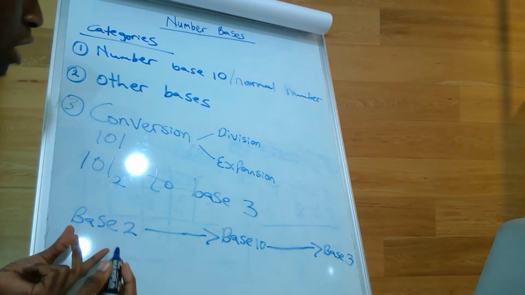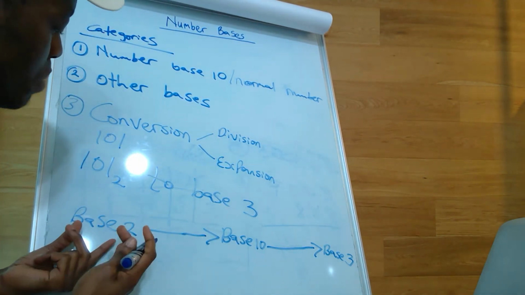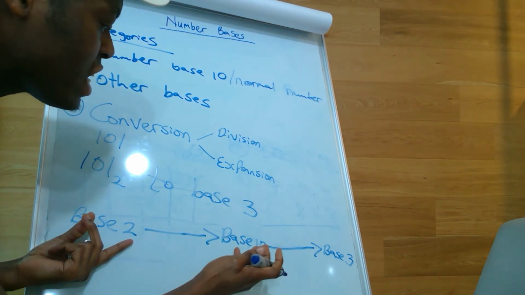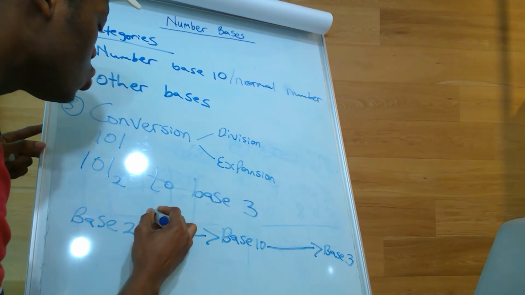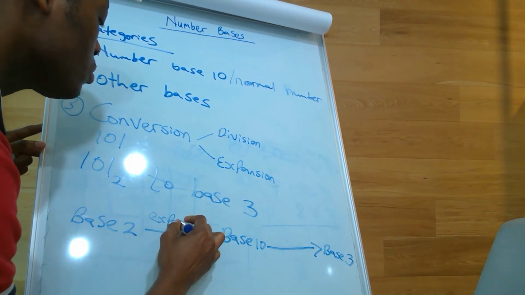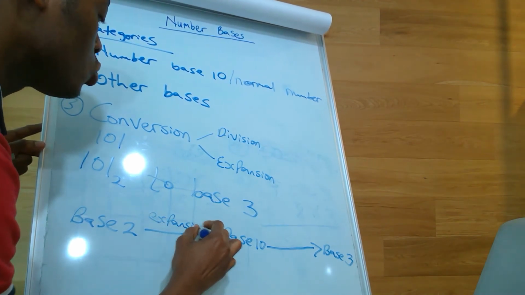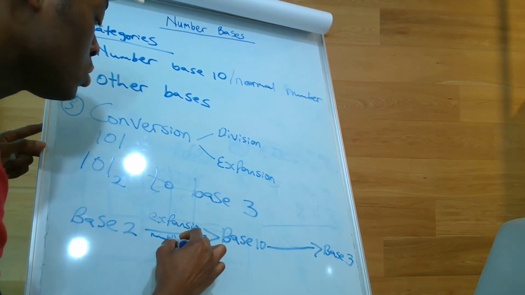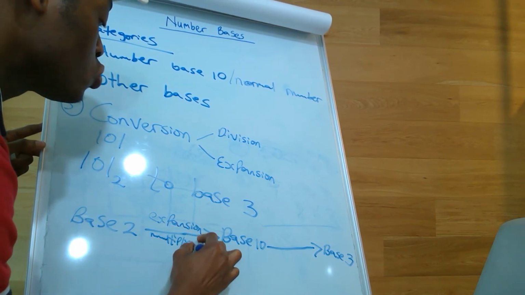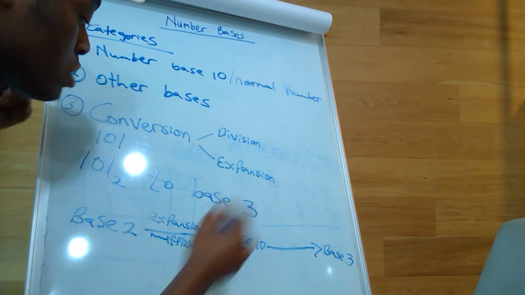Now, if you look at it, base 2 is going to base 10. Base 10 is, you want to make it big. That means you have to do expansion, which is still the same thing as multiplication. When you multiply something, you make it bigger.